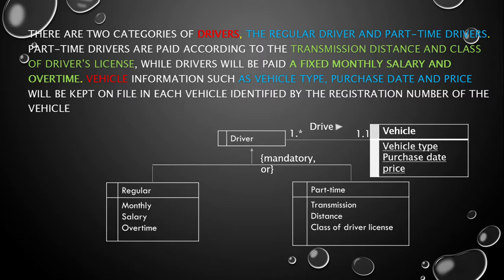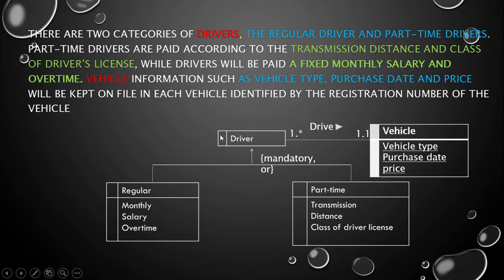Okay, another example: there are two categories of driver, the regular driver and part-time driver. Part-time drivers are paid according to the transmission distance and class of driver license, while regular drivers will be paid a fixed monthly salary and overtime. Vehicle information such as vehicle type, purchase date and price will be kept on file for each vehicle identified by the registration number of the vehicle.